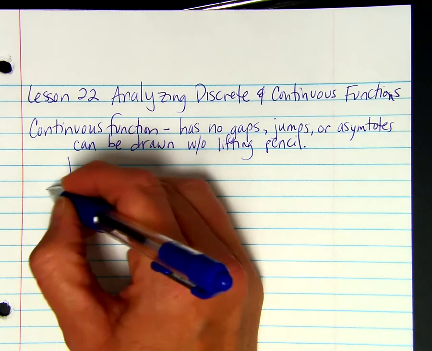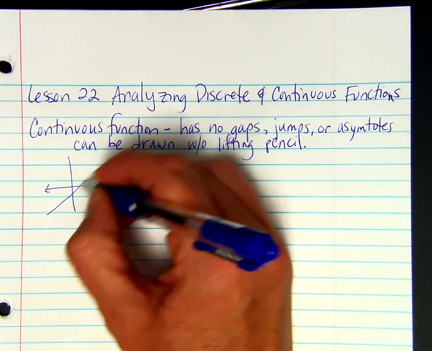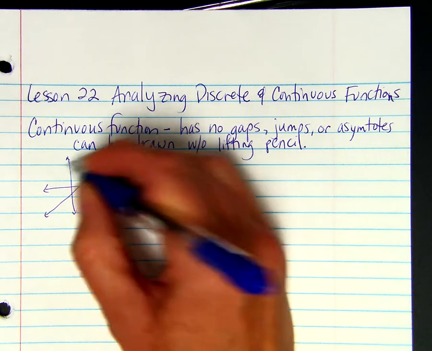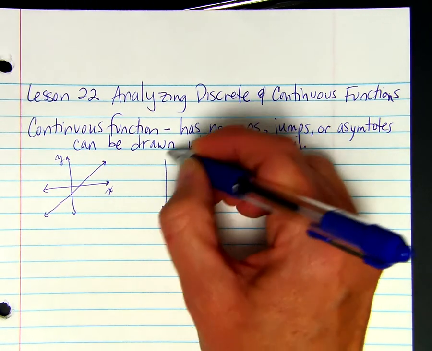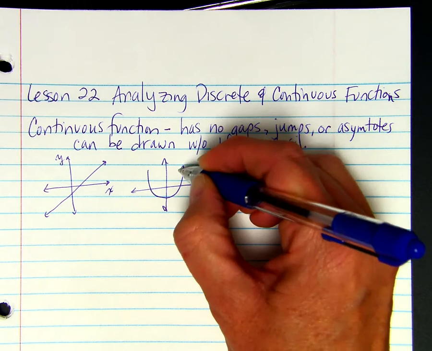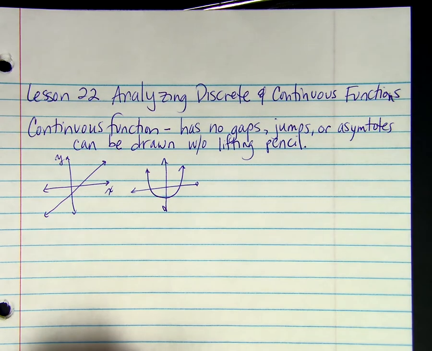So an example would be maybe a straight line, or it might be a parabola. Those would be continuous.